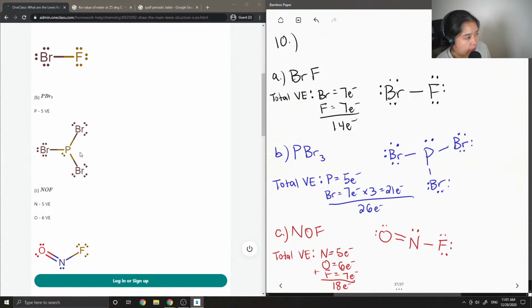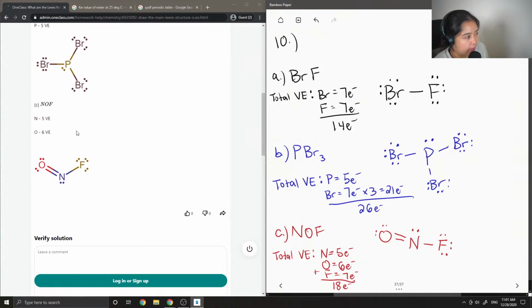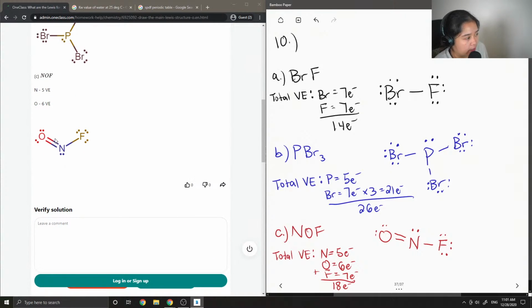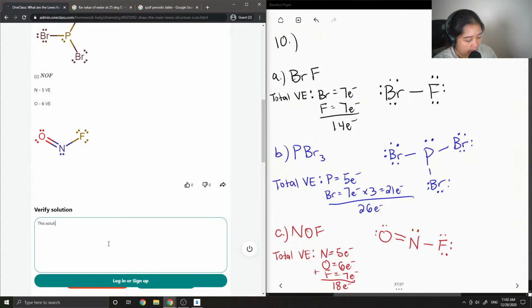The phosphorus tribromide has the 3 bromines and then a lone pair on phosphorus. And the NOF has the double bond between the oxygen and the nitrogen and a lone pair on the nitrogen. Okay, so this solution is correct.